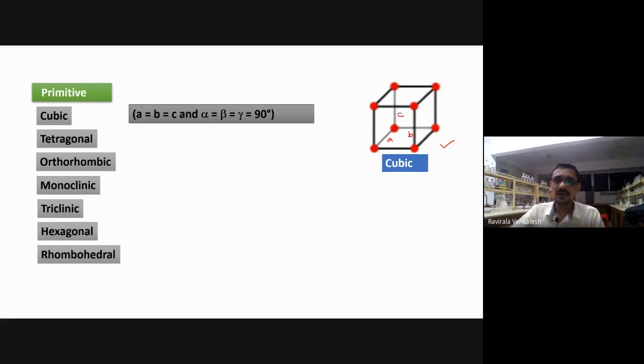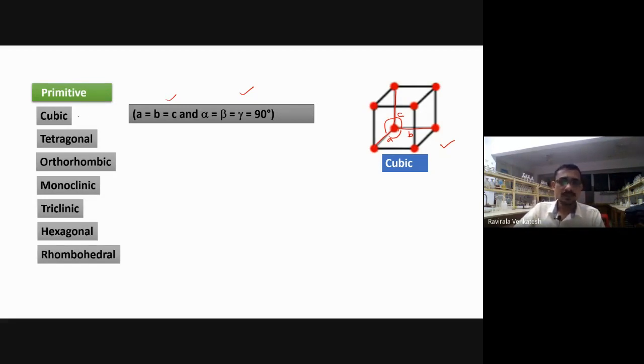Their lengths are the same. The length here, this length and this length, are the same. And the angle between a and b, between b and c, and between a and c are also the same.